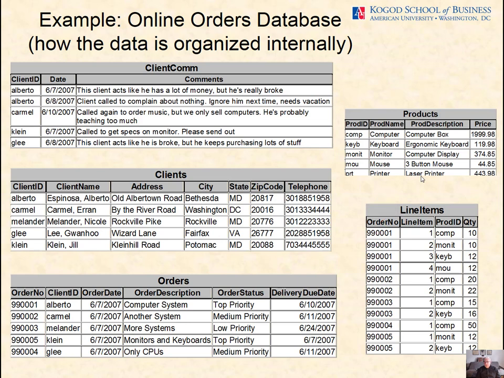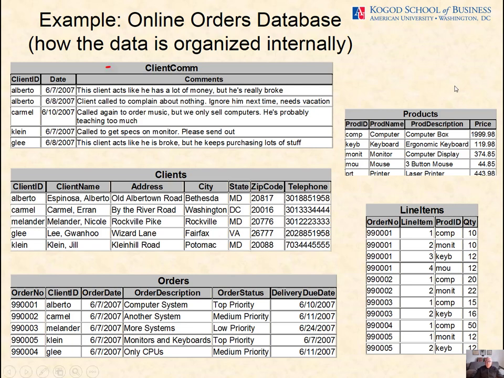If you look in the line items table at order number 99001, you will notice that there are four different records, one for each of the line items. We have a product ID specifying the product that the line item contains, and how many units of that item have been ordered.